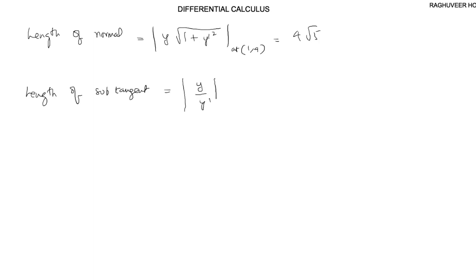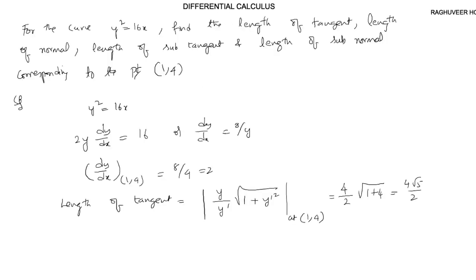Now let us find the length of subtangent, which is y by y dash at (1, 4), which is 4 by 2, which is 2.